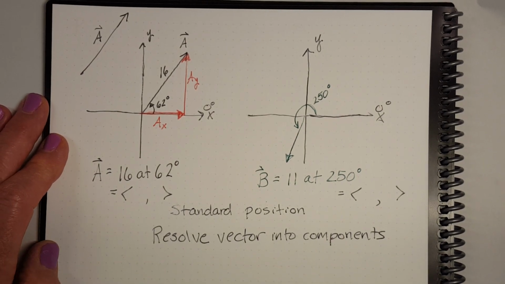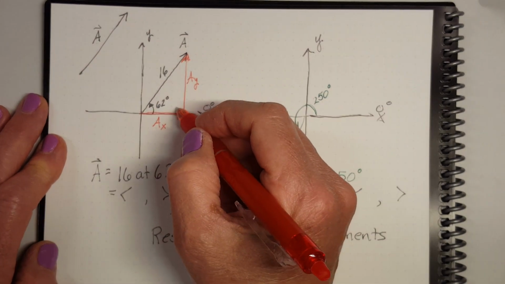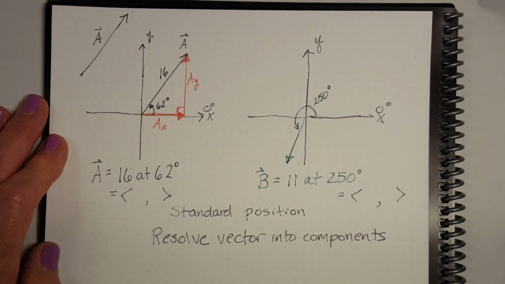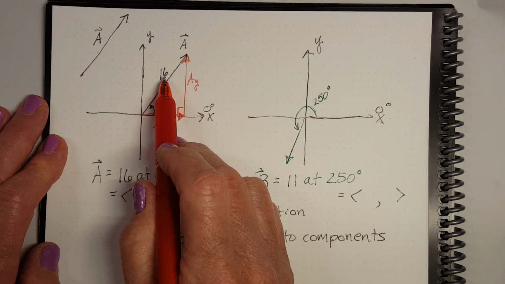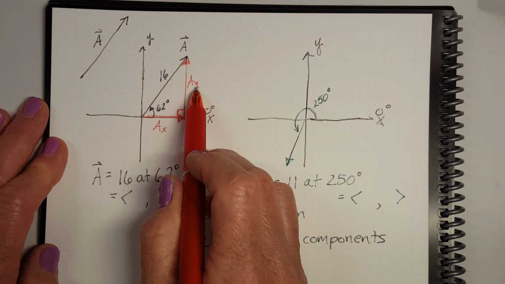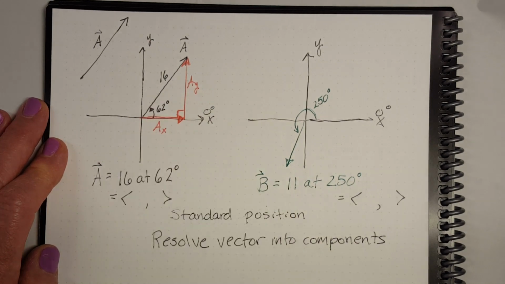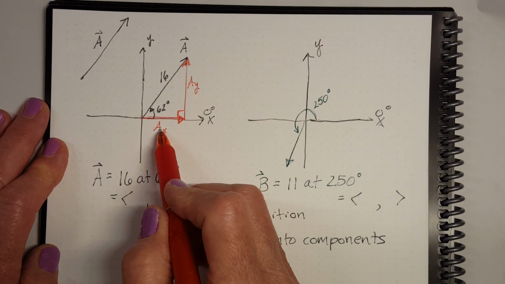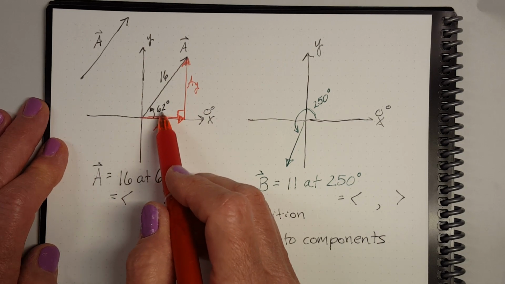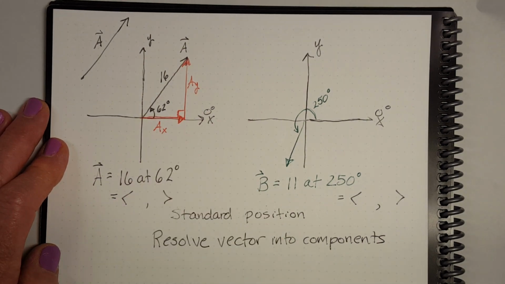Now on vector A, we can see that this makes a basic right triangle. And so we can say that A sub y would have to do with the sine. Sine of 62 would be A sub y over 16. And A sub x would have to do with the cosine. So cosine of 62 would be A sub x over 16.